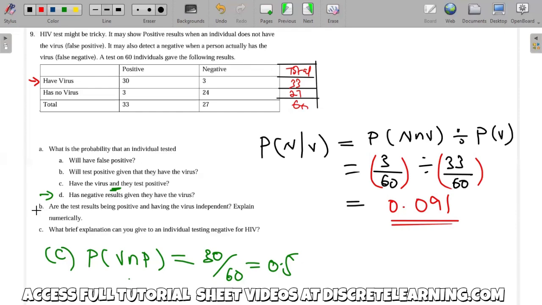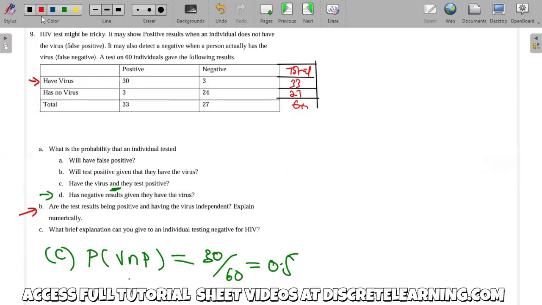All right, so we move to part E now. They're saying, are the test results being positive and having the virus independent? Explain numerically. Explaining numerically and explaining mathematically is the same.